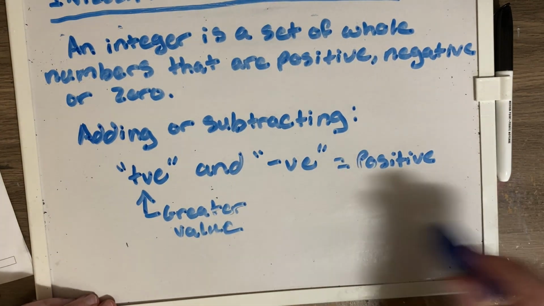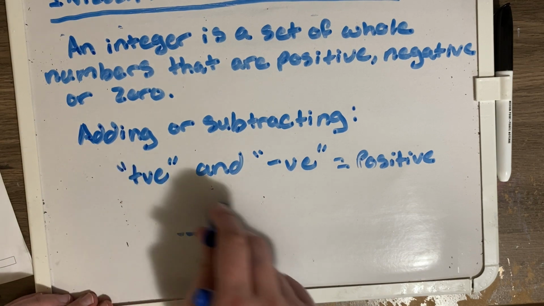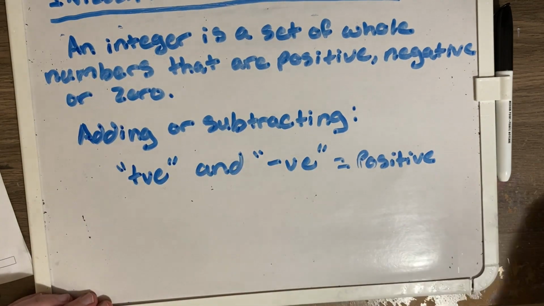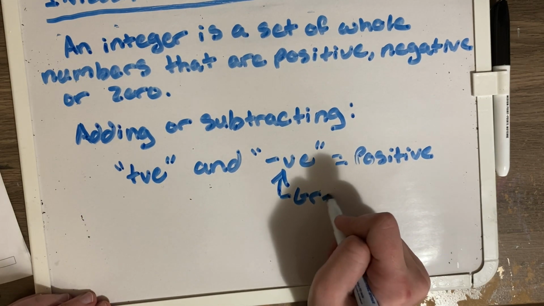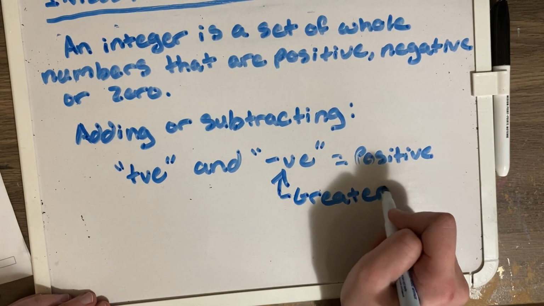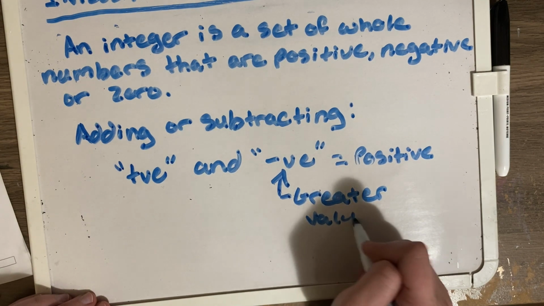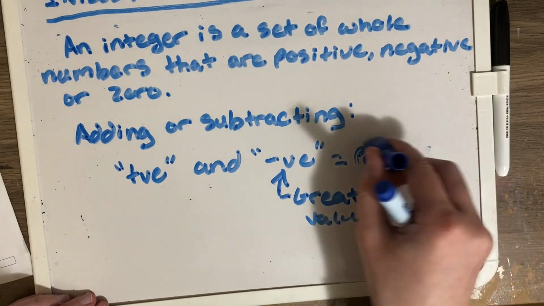Now let's say the negative number this time has the greater value. Then the answer is going to be negative.